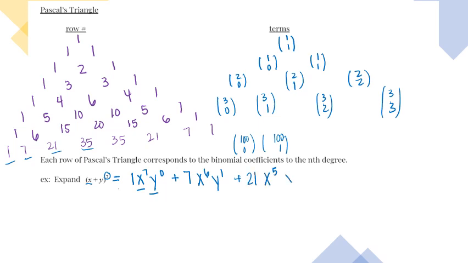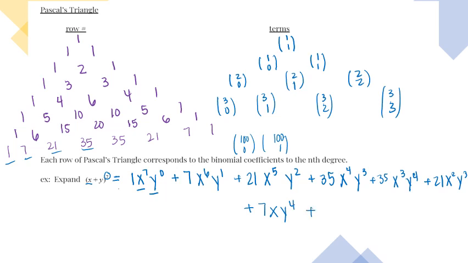x to the 5th, y squared, plus 35, x to the 4th, y to the 3rd, plus 35, x to the 3rd, y to the 4th, plus 21, x squared, y to the 5th. I'm going to add over here because I ran out of space, 7, x, y to the 6th, plus, oops, I made a mistake.